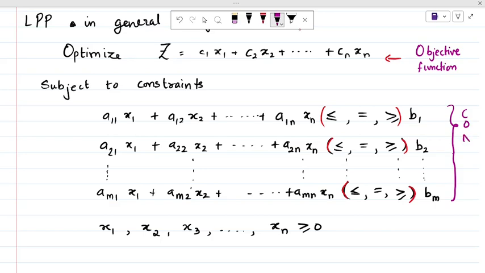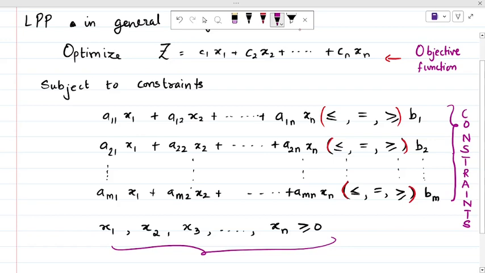Then the ones at the bottom that you see are called non-negativity constraints, or non-negativity conditions.